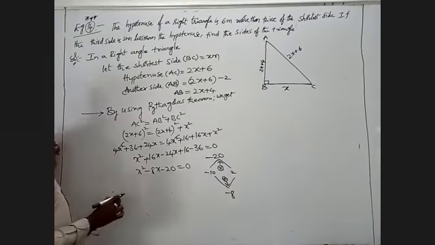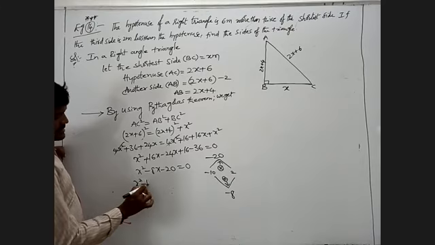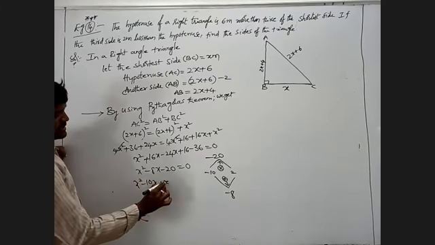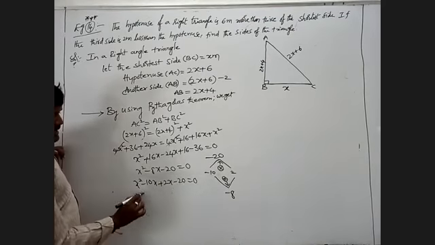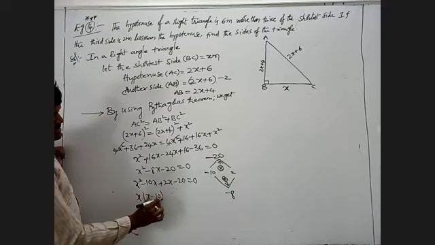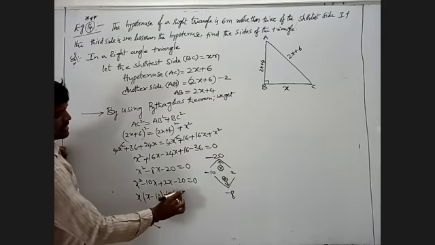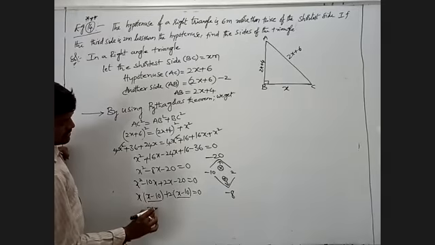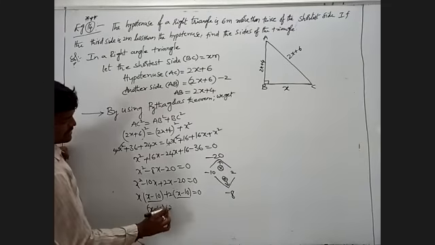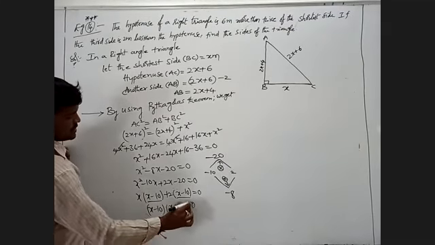So x square minus 10x plus 2x minus 20 equals 0. Taking x common, x into x minus 10, plus 2 common, x minus 10, so x minus 10 into x plus 2 equals 0.